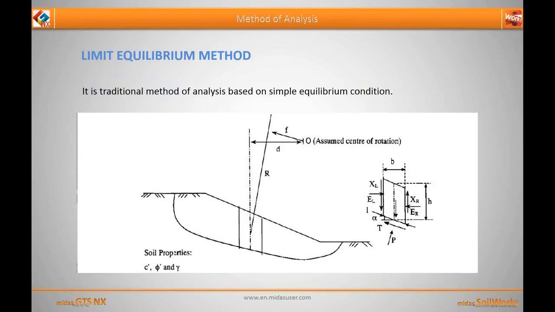The limit equilibrium method is a traditional method of analysis based on simple equilibrium conditions. Basically, what we do is divide the failure surface into a number of slices, and the equilibrium of each slice is considered about an assumed center of rotation.